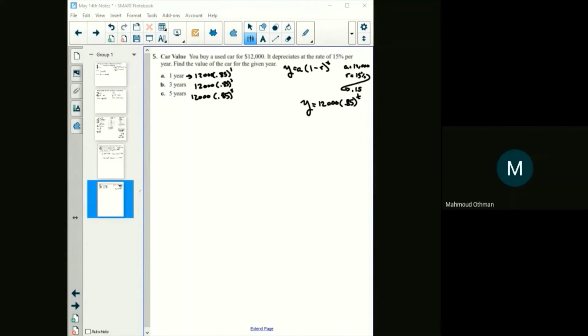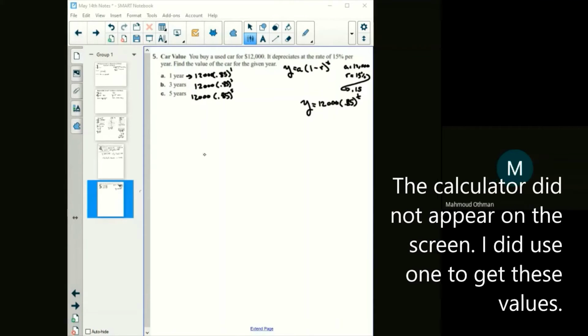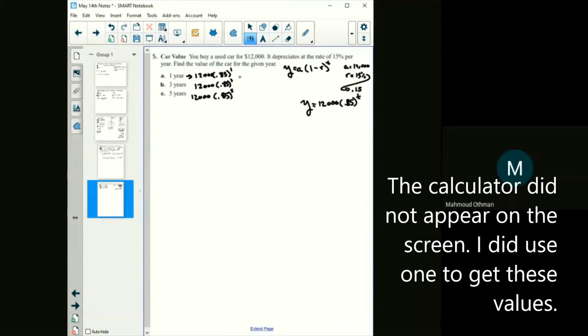And let's see what I get. 12,000 times 0.85 to the 1. 12,000 times 0.85 to the 3. 12,000 times 0.85 to the 5. So the first one, I get $10,200.